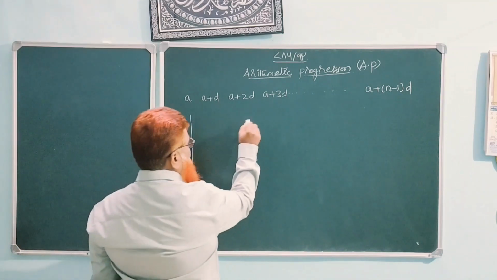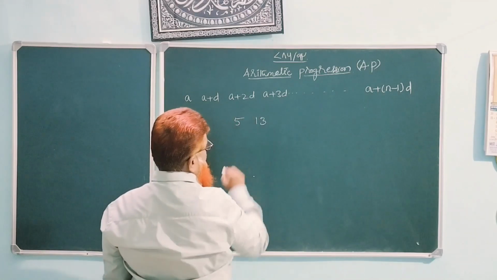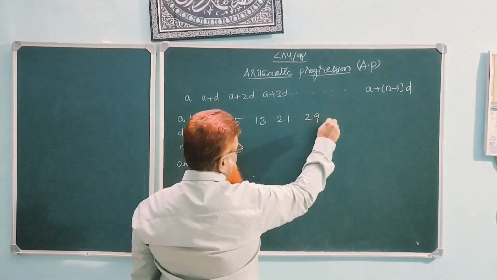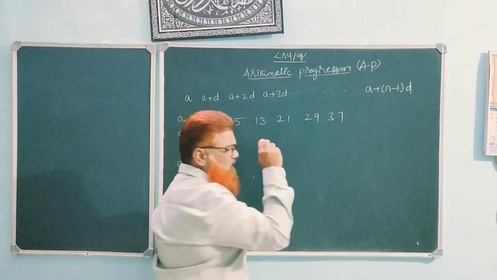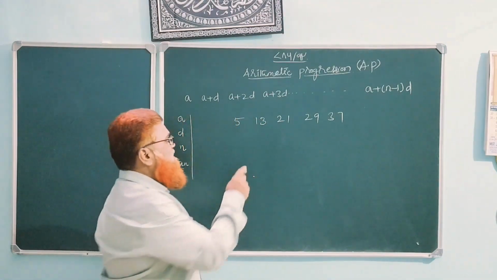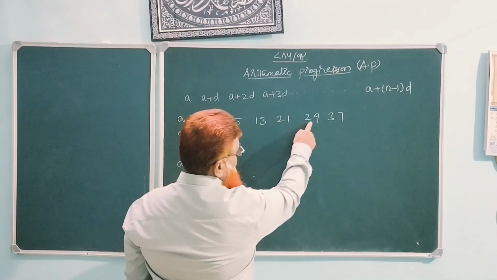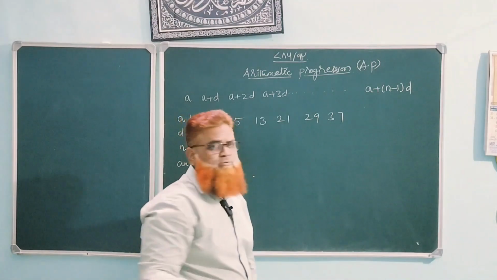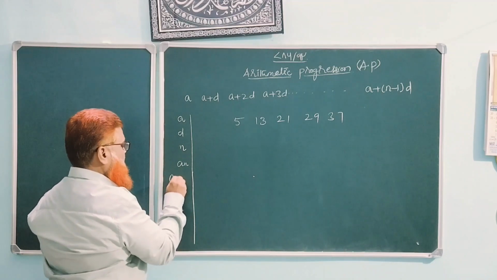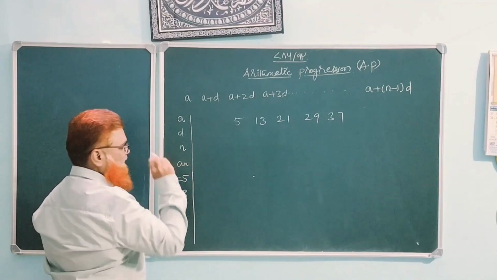Let's take one example: 5, 13, 21, 29, 37, etc. This is an AP whose first term is 5 and common difference is 8, because 13 minus 5 is 8, 21 minus 13 is 8, 29 minus 21 is 8, and so on. So a is equal to 5 and d is equal to 8.